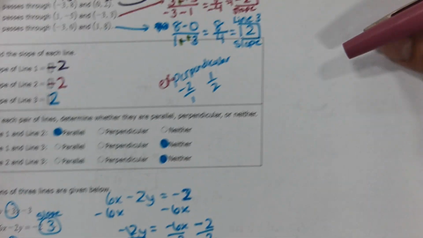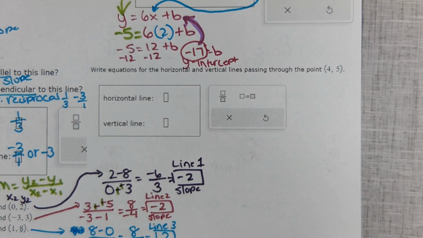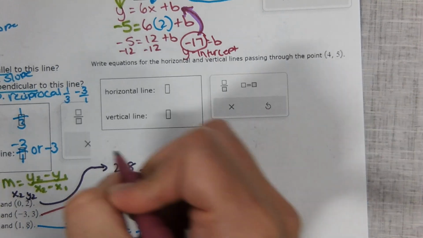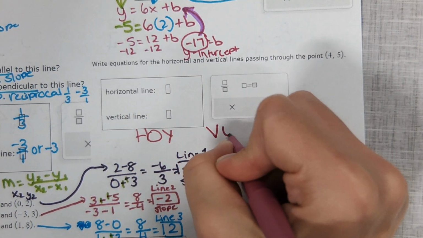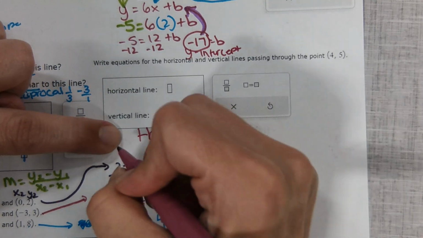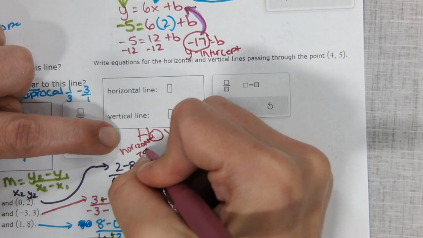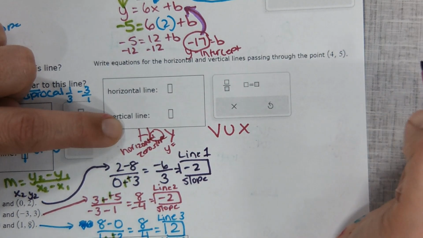Okay, then one last question. This one right here. Write equations for horizontal and vertical lines passing through the point 4, 5. So for this, I would use the HOY and VUX acronym. HOY is for horizontal, 0 slope, and then y equals.